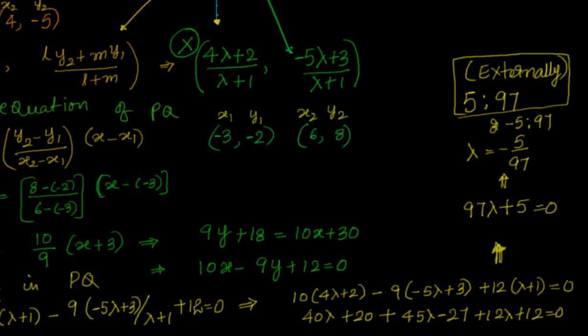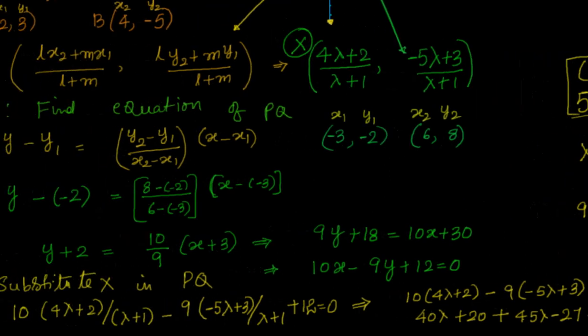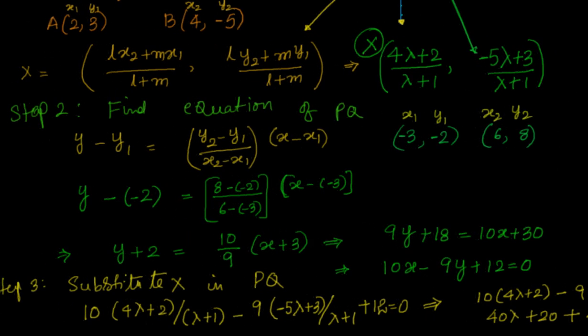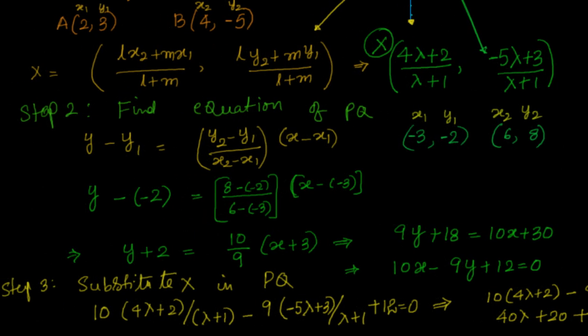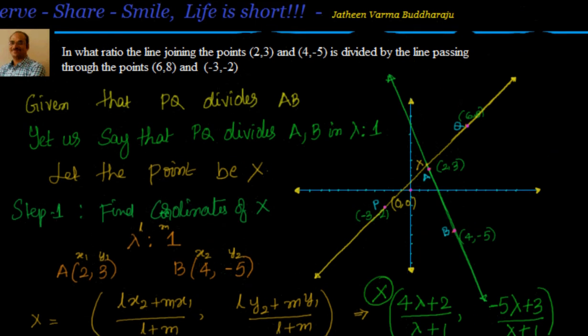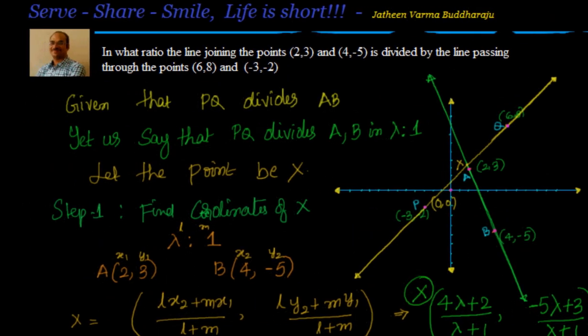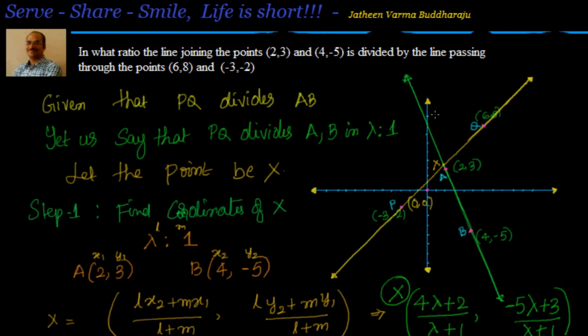How we did that? Let's just summarize that. We have been given that a line segment joining 2 points is divided by another line segment. We have to know the ratio in which the division is happening.